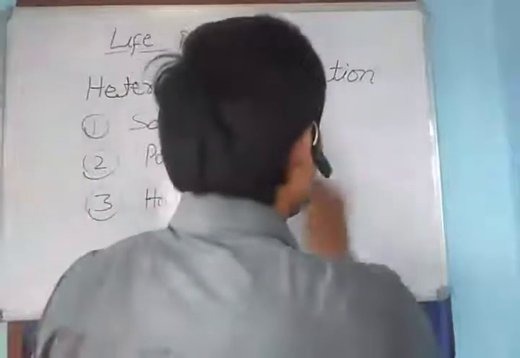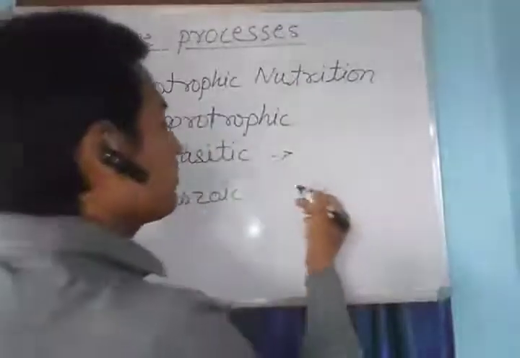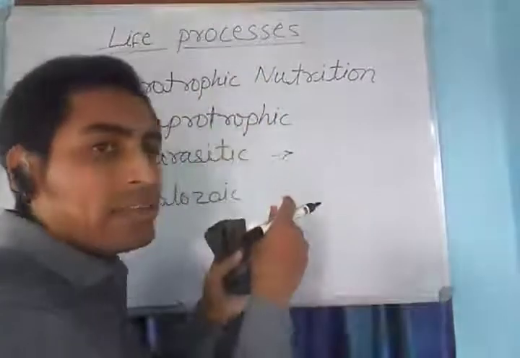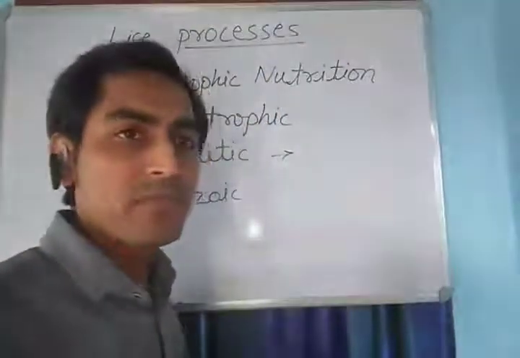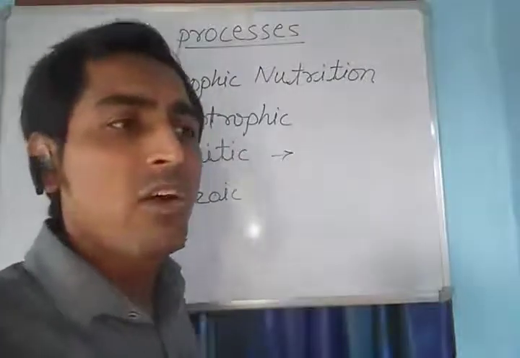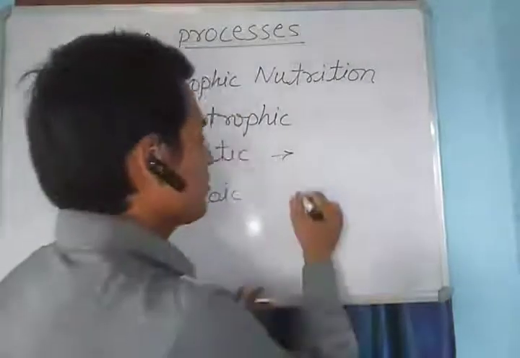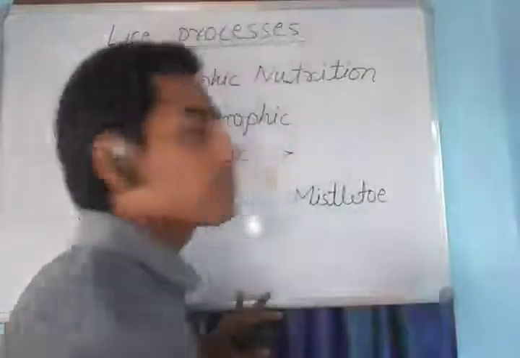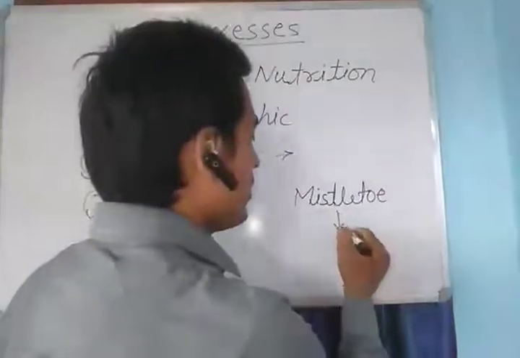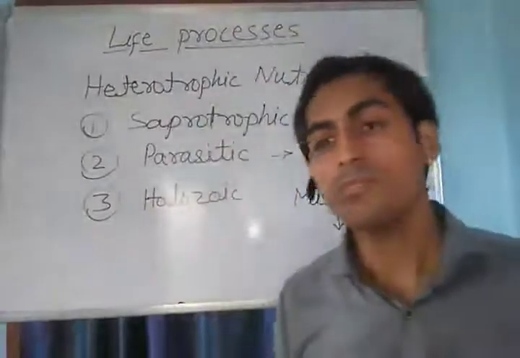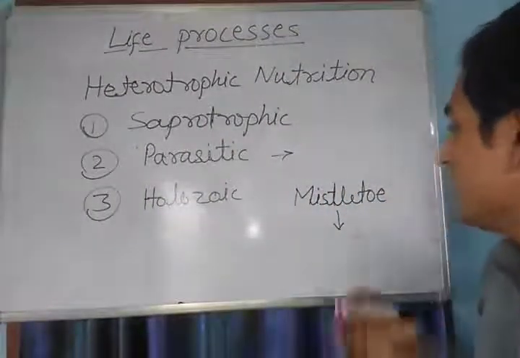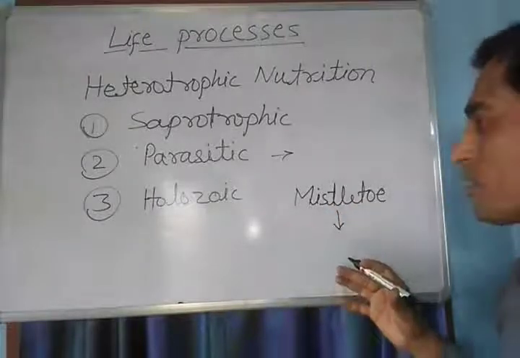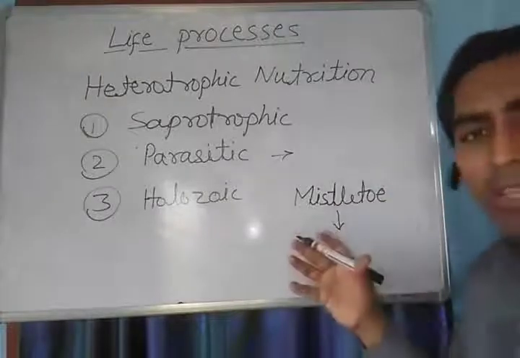The other example is a partial parasite, whereas Cuscuta is a total parasite that depends on plants completely. The partial parasite of plants is mistletoe. In Hindi, it is called gruch, and it is a green colored, cylindrical or wiry structure present on the plant.